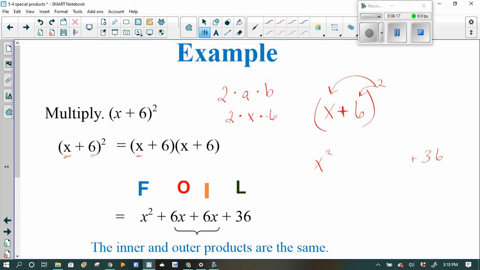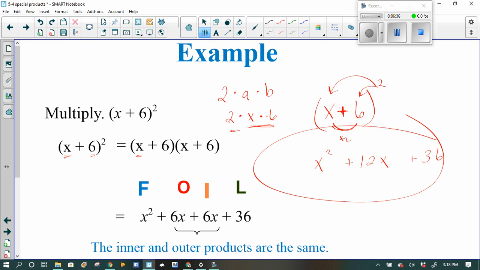So what's 2 times 6? So this would be 12x. So I always remember, square the beginning, square the end, multiply these two together, 6 times x, and then multiply by 2. So 6 times x is 6x. 6x doubled is 12.